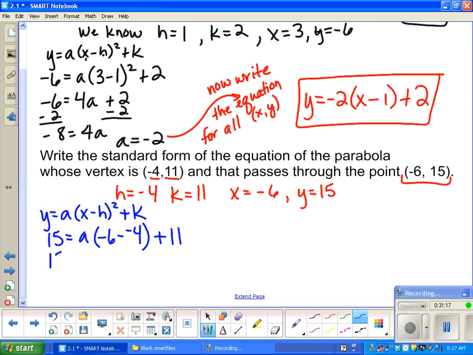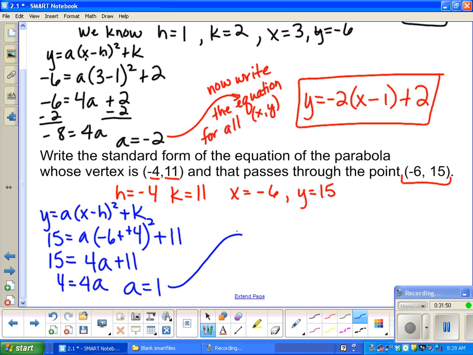Let's solve. 15 equal -6 plus 4 is -2 squared, so that's 4a. It's coincidental that in both problems it's a 4, so you know. Subtract 11 from both sides. 15 minus 11 would be 4, equal 4a, and so a equal 1.